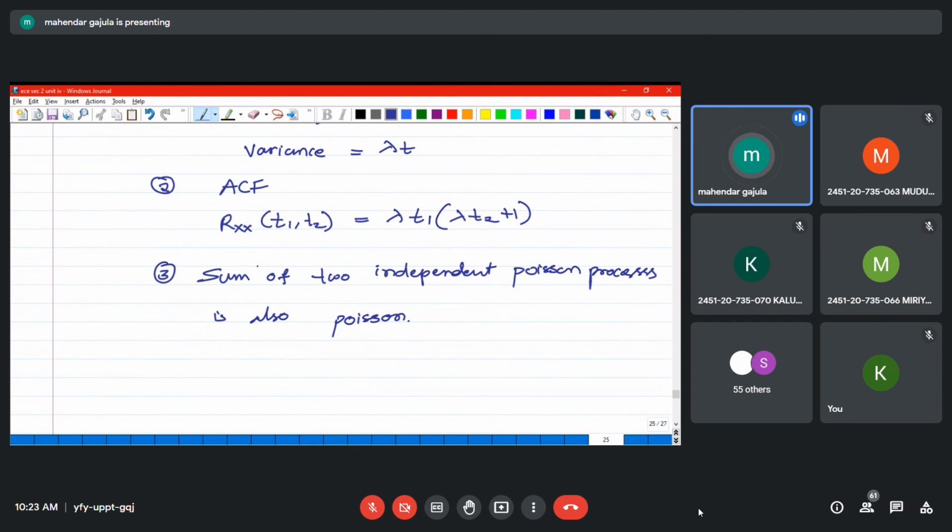Sum or difference, both, of two Poisson random processes is also Poisson.